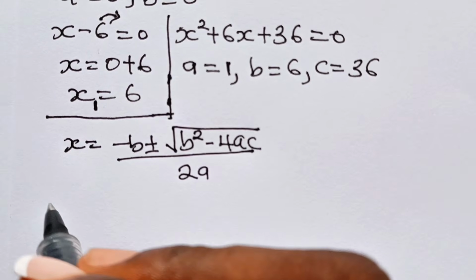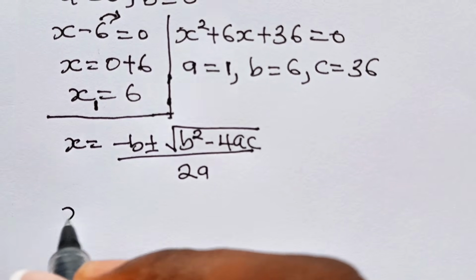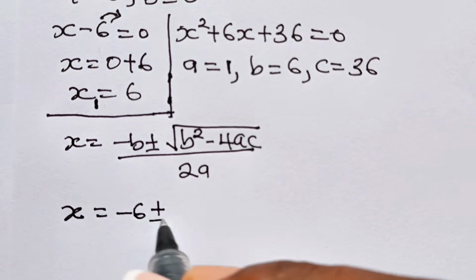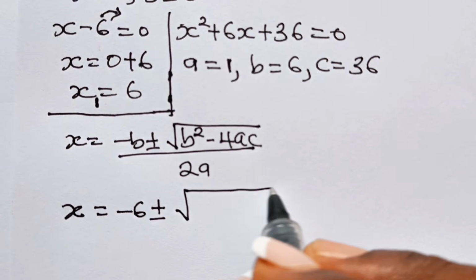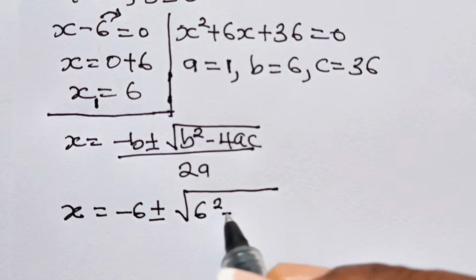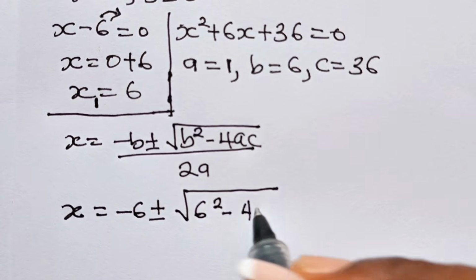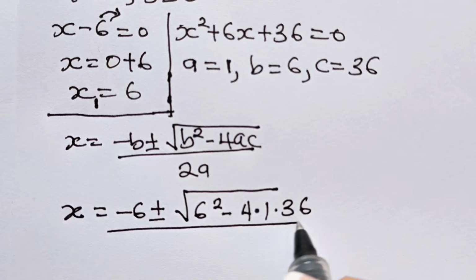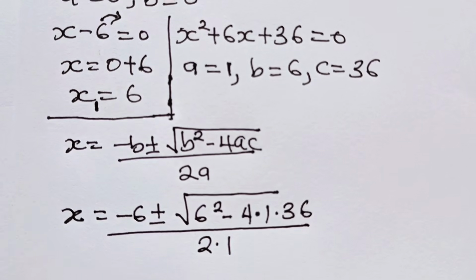So we can solve for that: x is equal to minus 6 plus or minus square root of 6 squared minus 4 multiplied by 1 multiplied by 36, divided by 2 multiplied by 1.